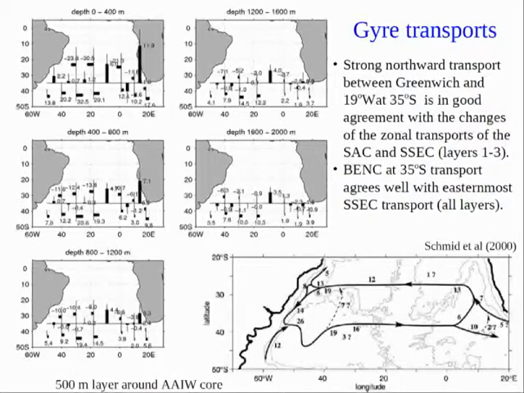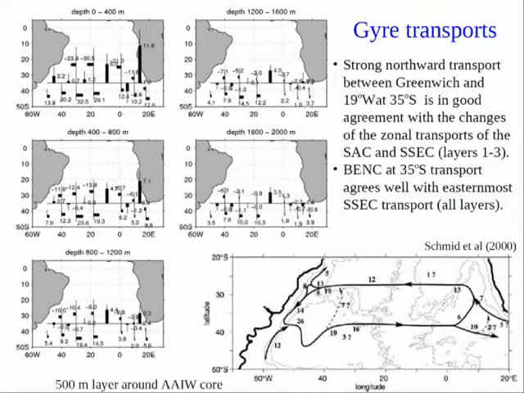Then I wanted to see how the gyre transport flows. That's very difficult to do because here I took the northward transport at 35 south, but essentially you would have to go to different latitudes depending on which longitude you're at. But I was really interested in finding this one between 0 and 19 and seeing if the northward transport balances with the change in the eastward transport here and the westward transport here.